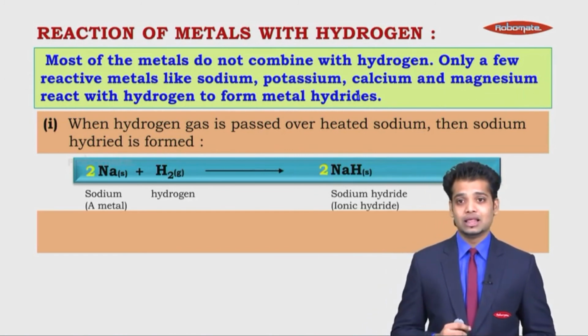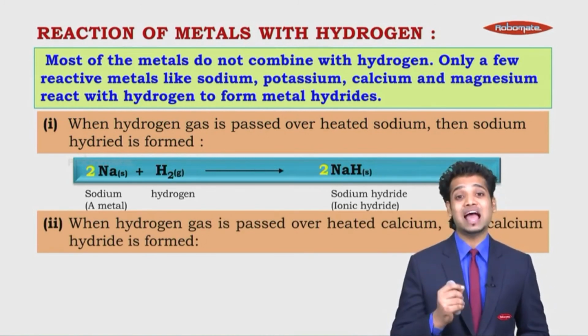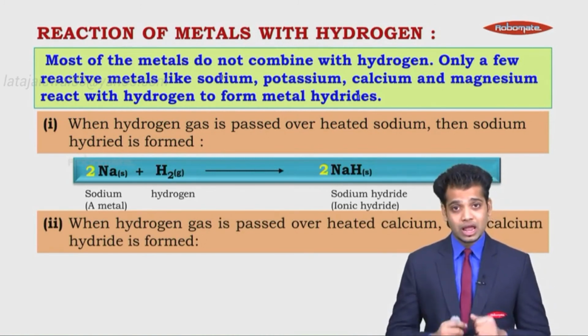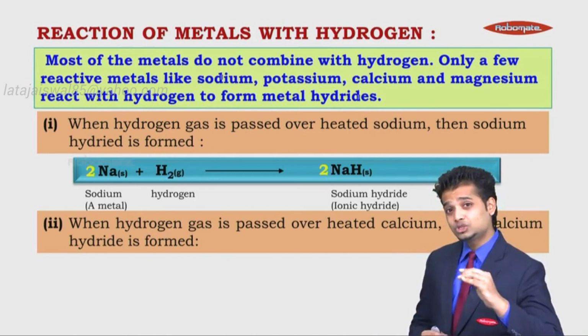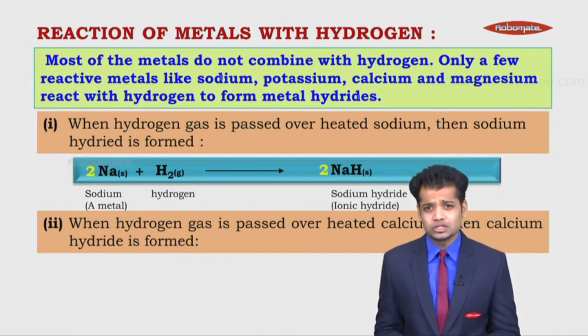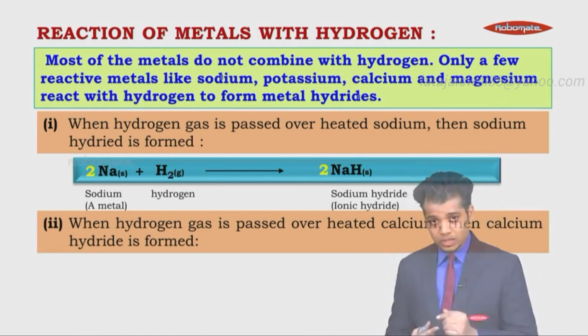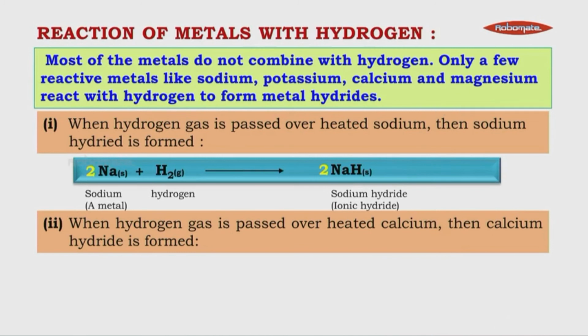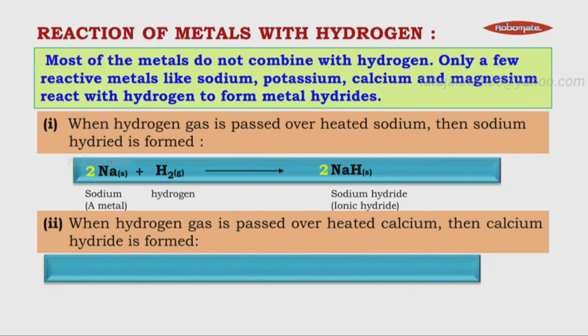Similar to that, let's see the reaction of calcium. Now you'll see that sodium has to be heated. Why, sir? It is already so reactive. Over here, sodium has to give the electron to hydrogen. So does calcium have to give the electron. So in order to give the electron, it has to go to its very heated form.